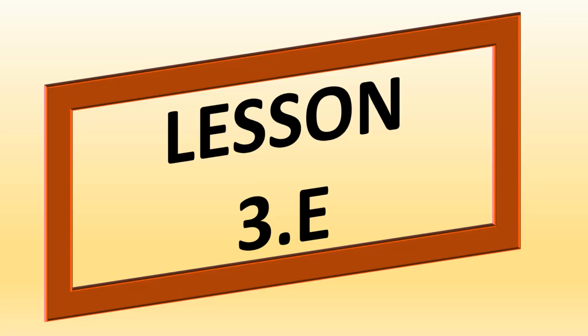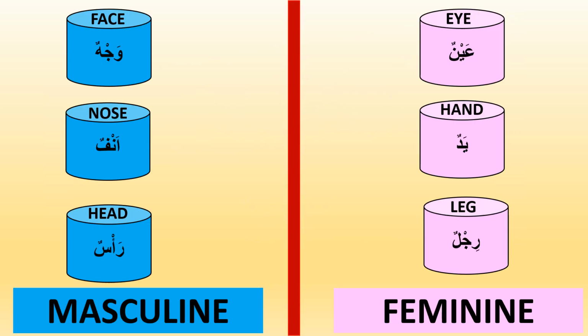We can now focus on today's presentation, the new lesson, lesson 3E. On this particular slide, I have 6 Arabic words with its English meaning. Now, what is common between these words is that they are dealing with parts of the body.